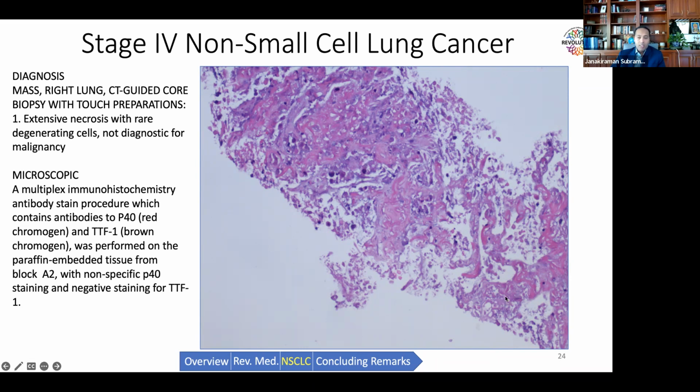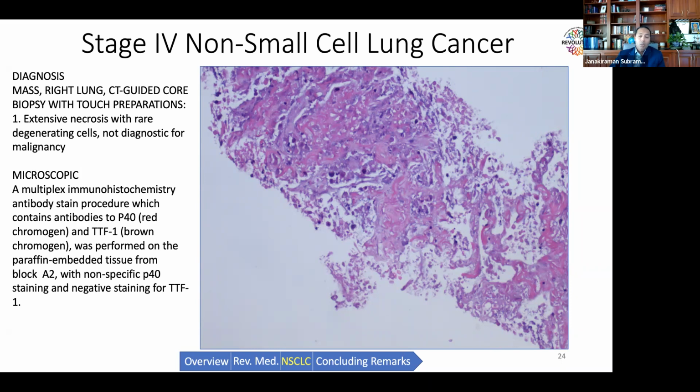So this tumor had extensive necrosis, and this is not uncommon to see sometimes in patients with lung cancer.